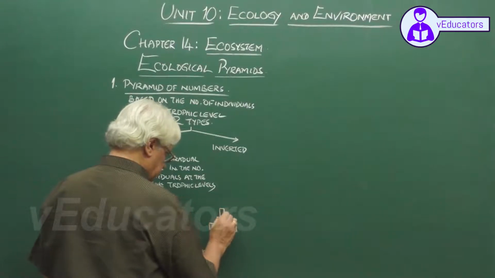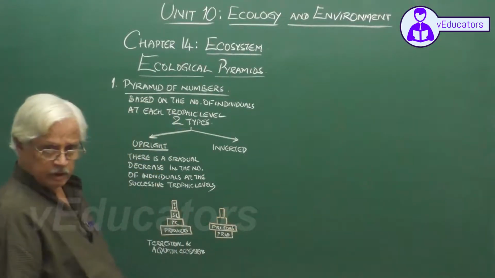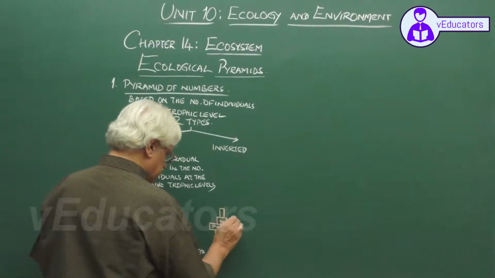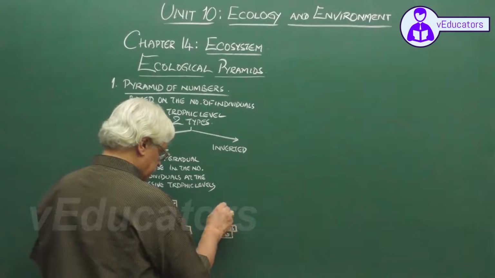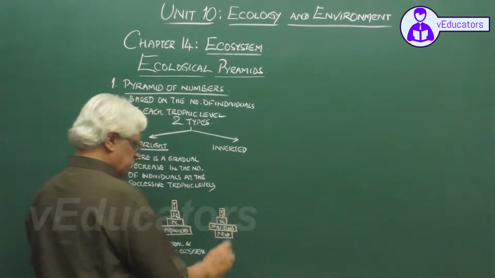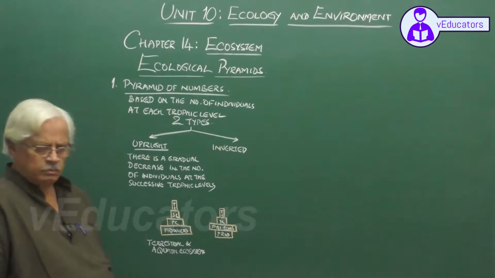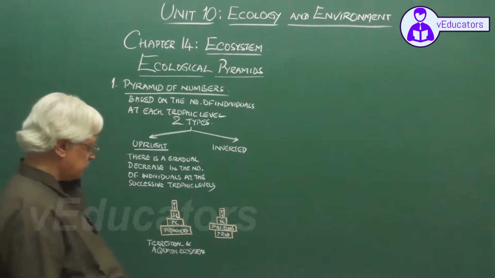Thereafter the pyramid becomes typical. Number of secondary consumers will be less than primary consumers. Number of tertiary consumers will be less than the number of secondary consumers.